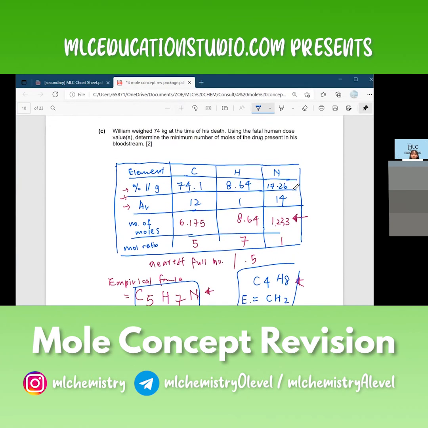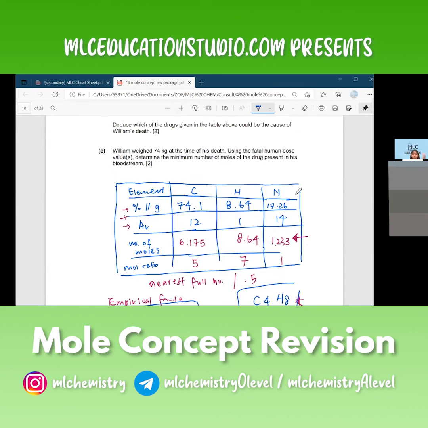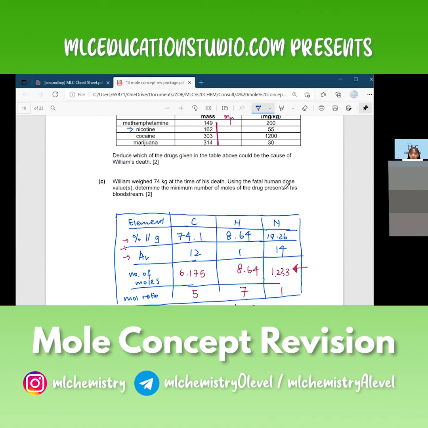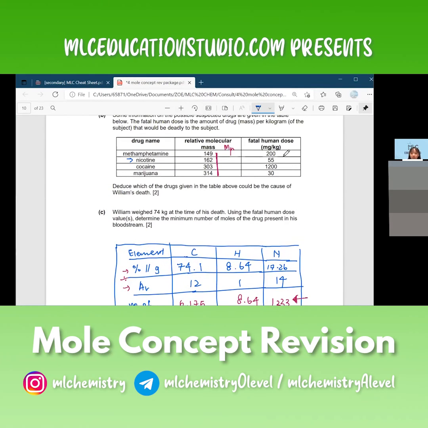Okay, just briefly run through the last part. The last part is actually asking you to find the number of moles of the drug. And for this part C, we are looking at the last column of your table, the fatal human dose per kg.